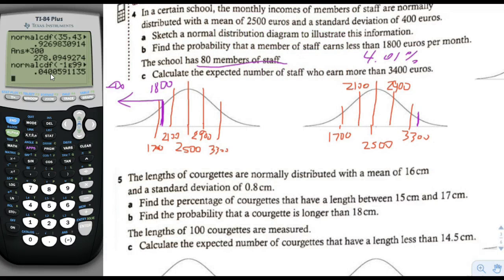3,400 would be about here, and then more than 3,400 would be from here to infinity. So even though they say find the expected number of staff, first we want to find the percentage.